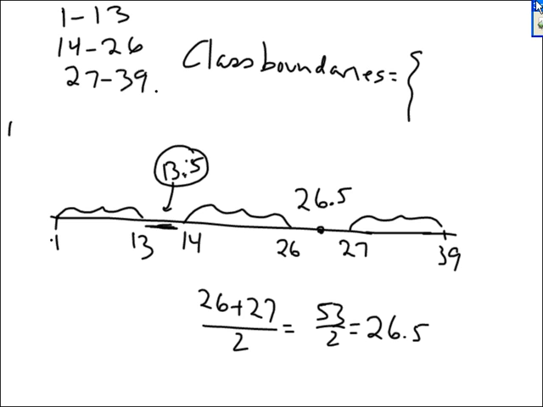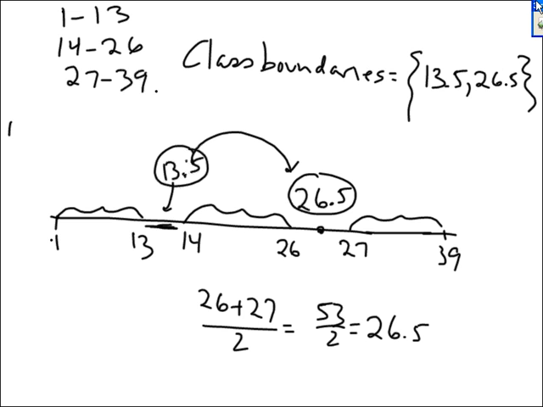These are the gaps, the midpoints of the gaps. Of course, once you find the first one is 13.5, you just add 13 in this problem. You add 13 and you get 26.5. And that's it. Those are the class boundaries.